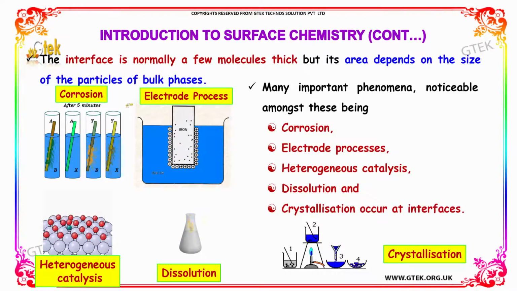The interface is normally a few molecules thick, but its area depends on the size of the particles of the bulk phases. Many important phenomena are noticeable, among these being corrosion, electrode process, heterogeneous catalysis, dissolution and crystallization, which occur at interfaces.